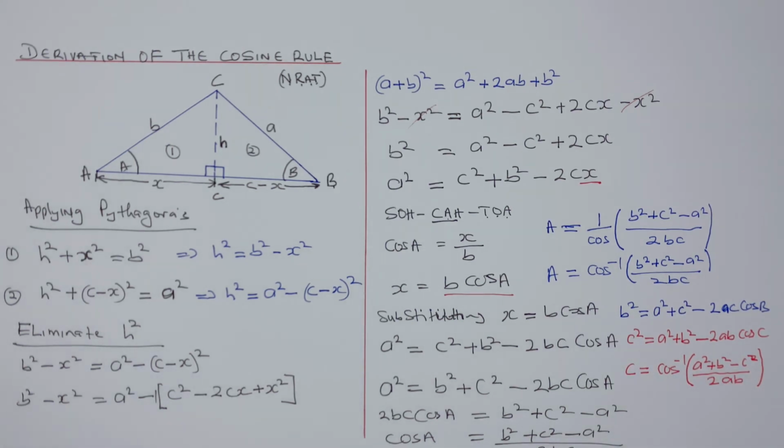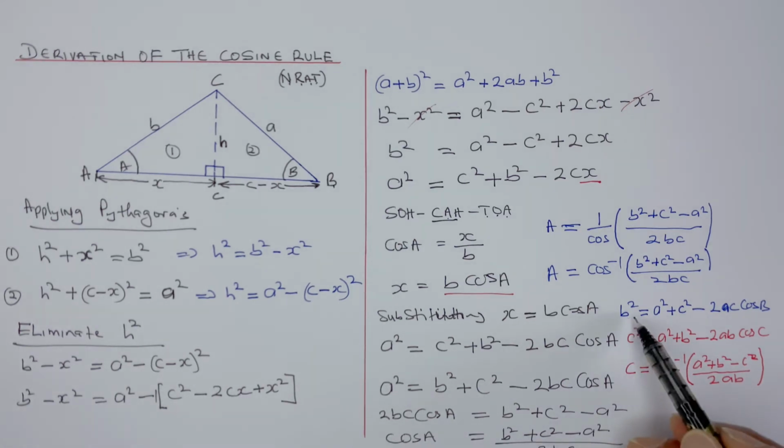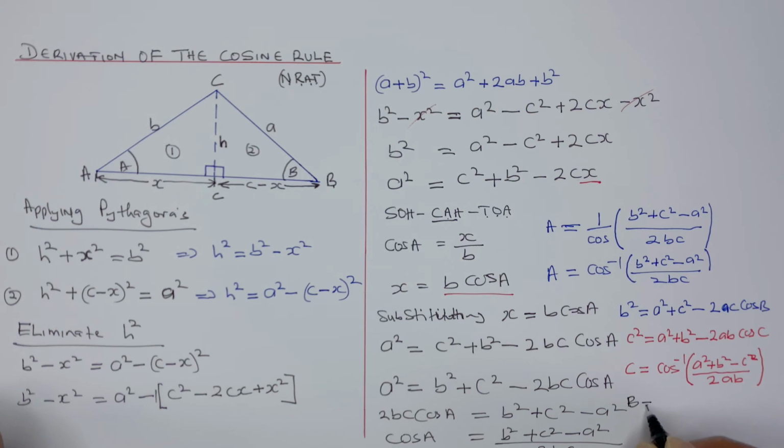And if I want to find the angle b, it's the same thing. So b would be equal to cos to the power minus 1, open bracket, a squared plus c squared minus b squared, divided by 2ac. That's how you derive the cosine rule function and rearrange it to suit your need.